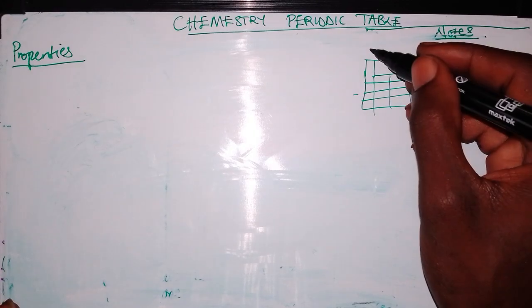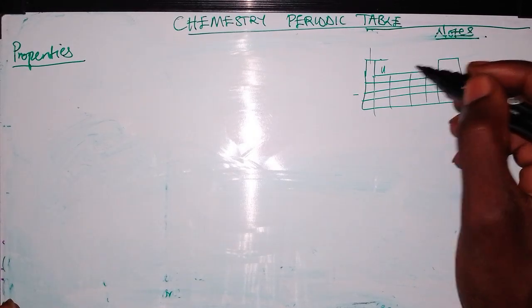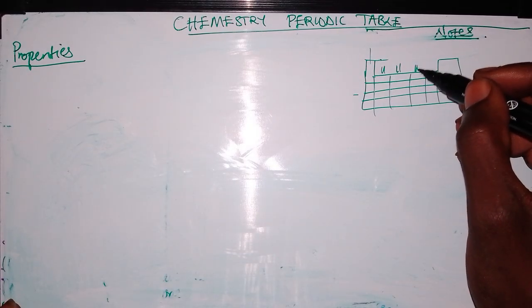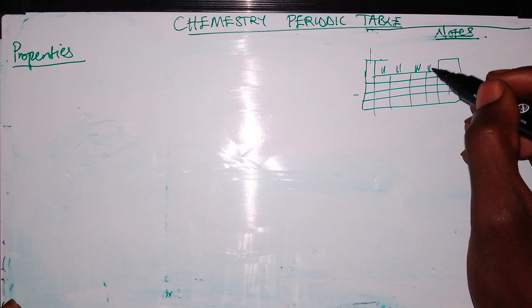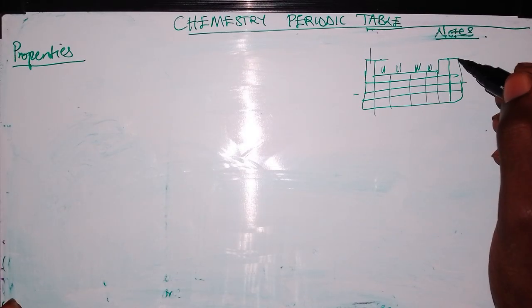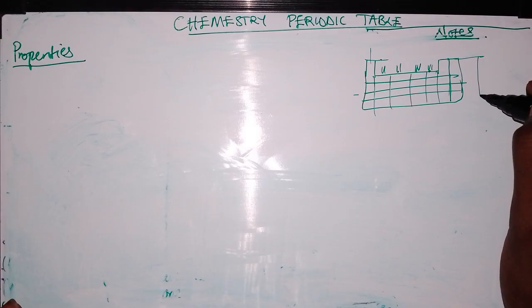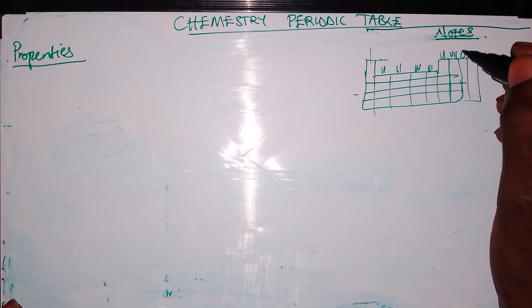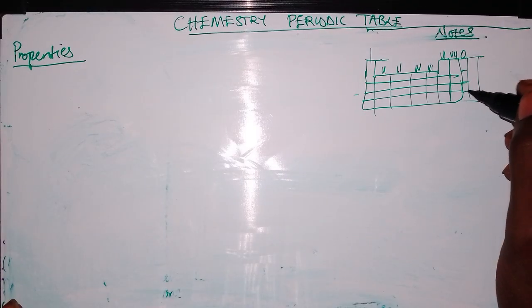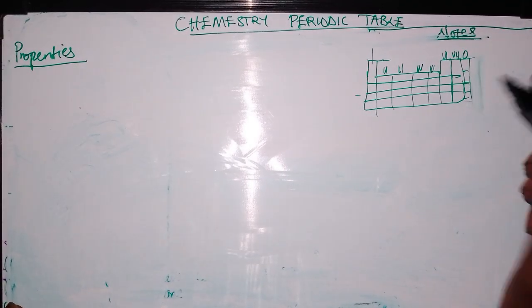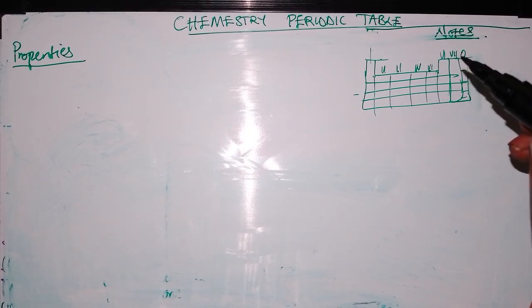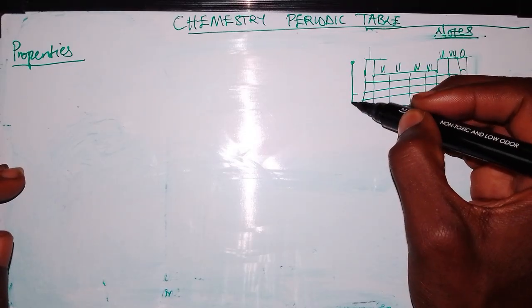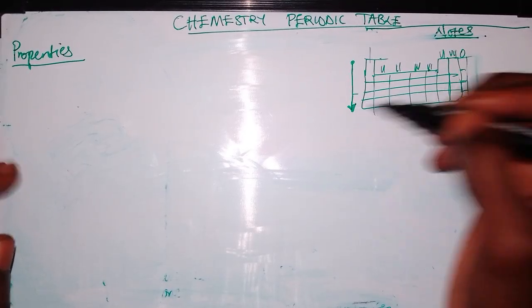So we have group 1, group 2, group 3, 4, 5, 6, 7, and 8. So here the properties we are talking about is moving from top to down in each group.